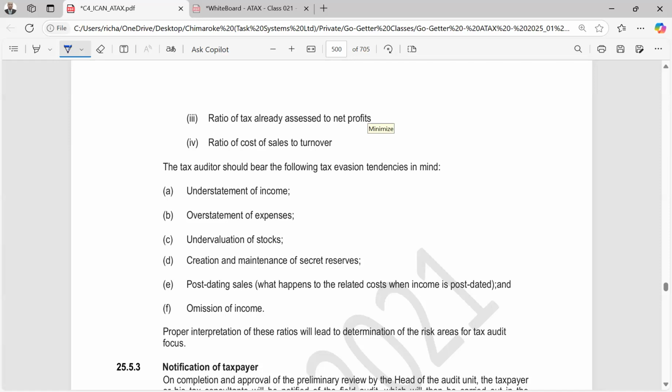When you undervalue your stock, your closing stock, you are going to have lesser profits. When you have lesser profits, you also have lesser tax.